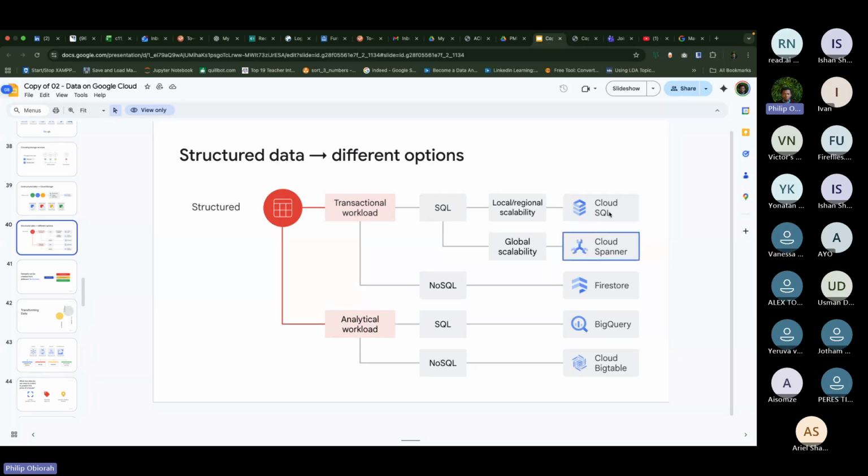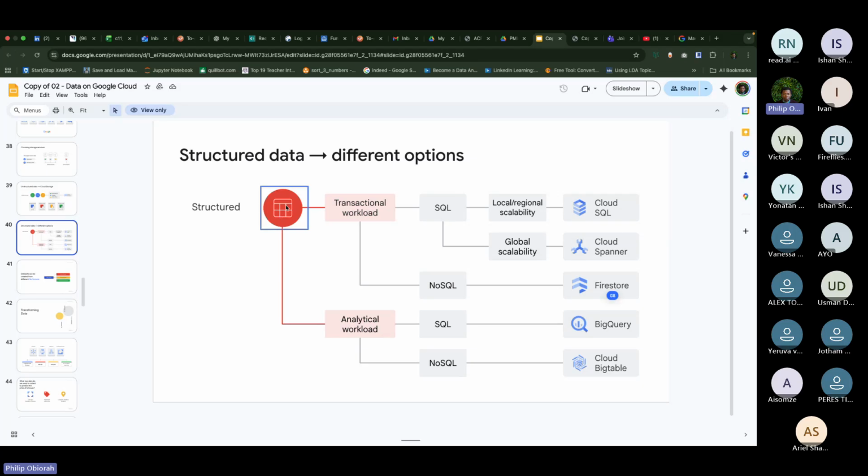All right, storage options. Now, if our data is structured, but it's NoSQL, then the best option is Firestore.